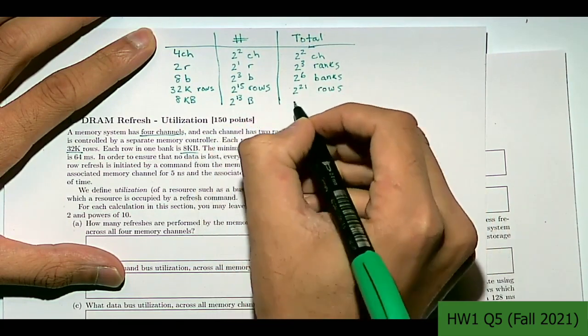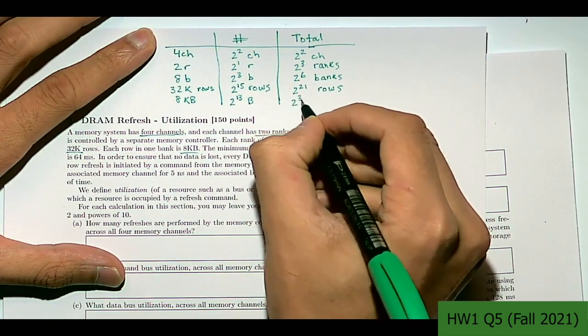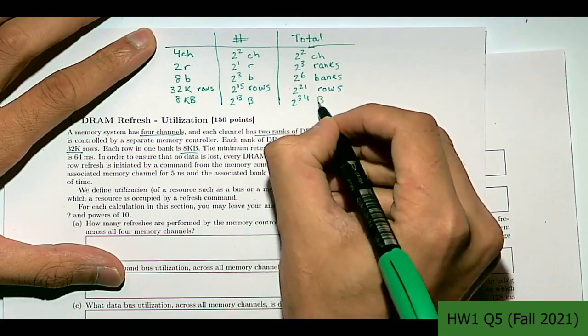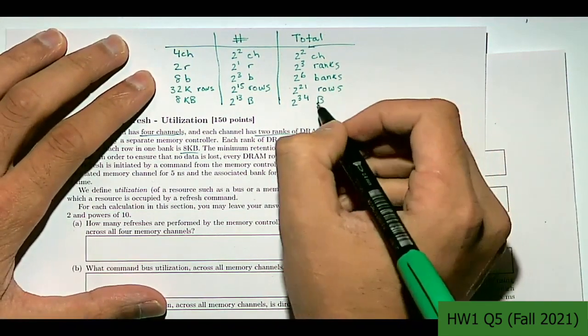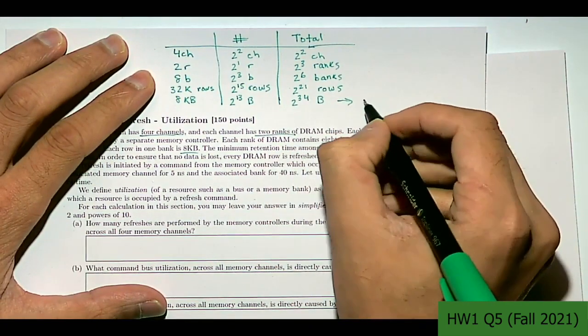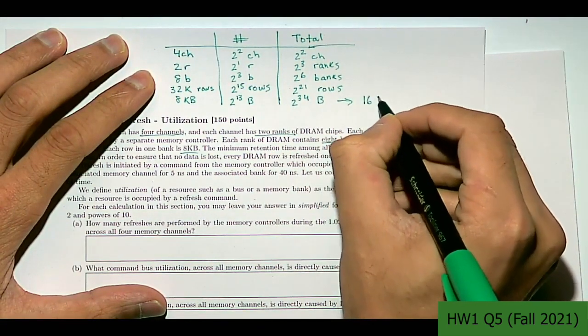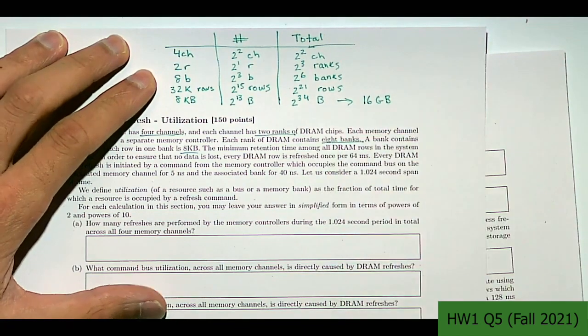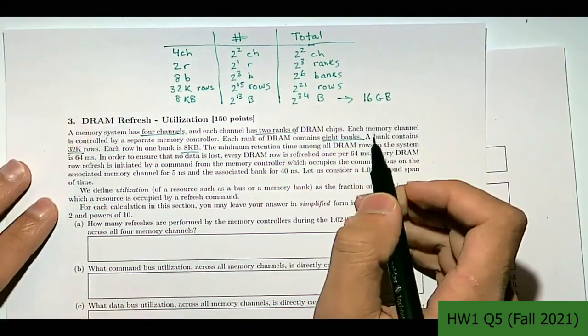Then 13 plus 21, so that's 2 to the 34 bytes in the entire system, which is 16 gigabytes. So that's how large our system is.